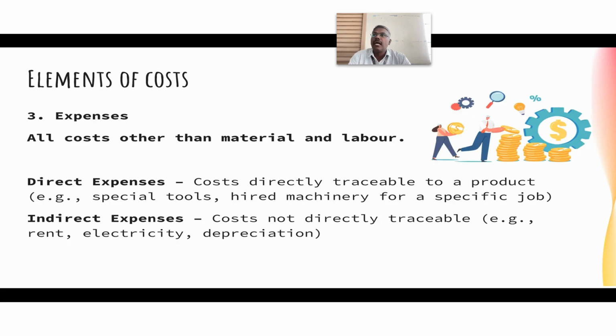For example, I have to pay rent because we are occupying a space for the machinery to produce components. Then I have to pay the electricity used to run the machines, and the depreciation cost of the machines. All those things come under indirect expenses.